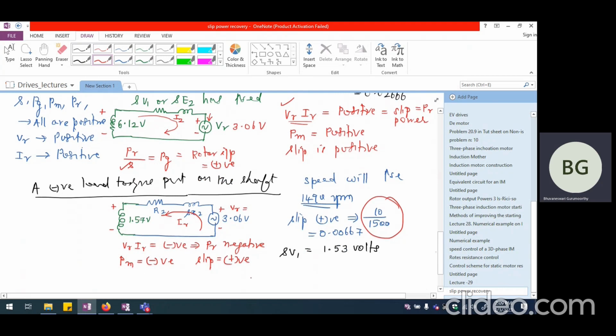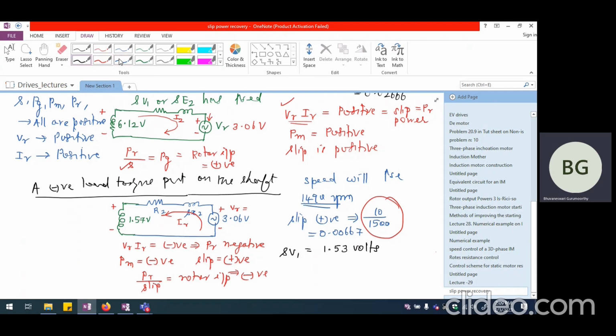If slip is positive and PR is negative, PR divided by slip, which is the air gap power or rotor input, is going to be negative. Rotor input is negative.